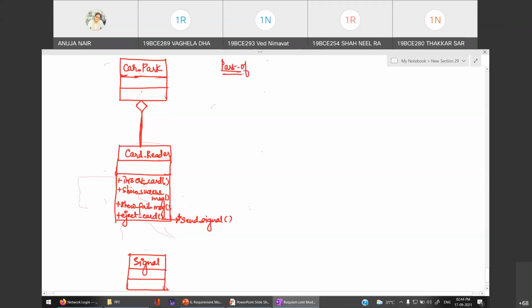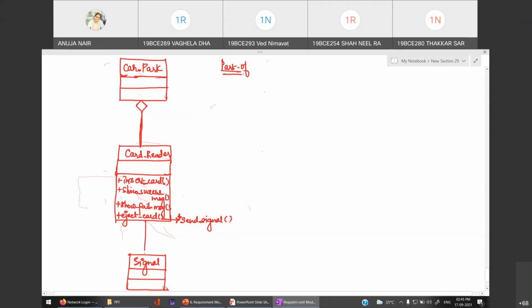Aggregation relationship, right? In between card reader and signal, what kind of relationship should I put? Simple association should I put, or something else? Or composition should I put? Tell me.